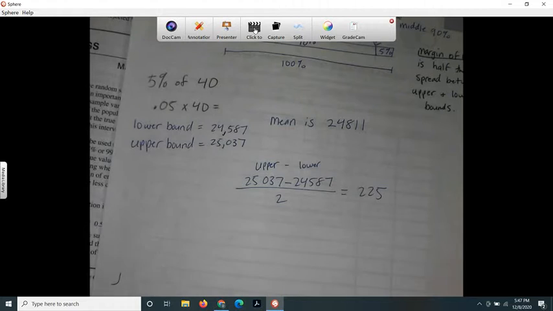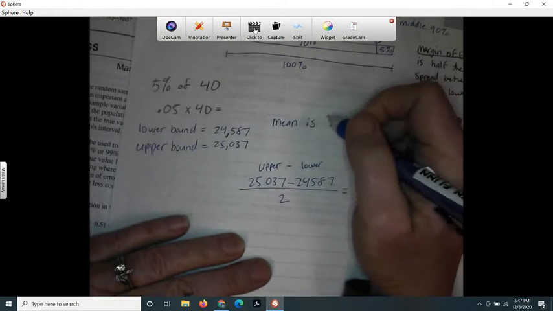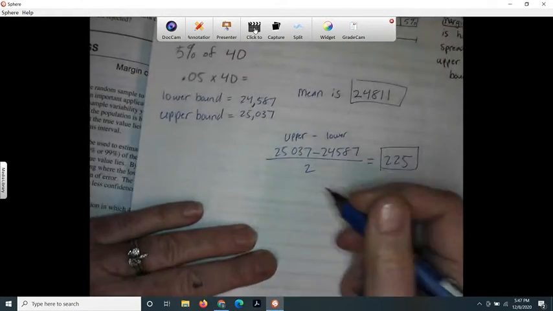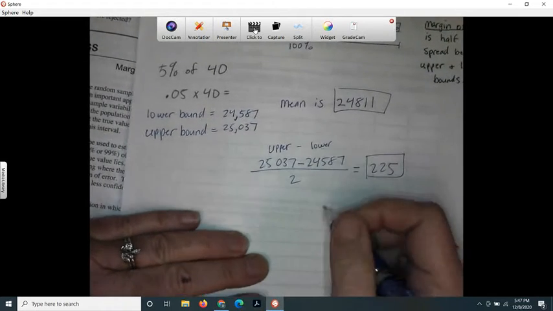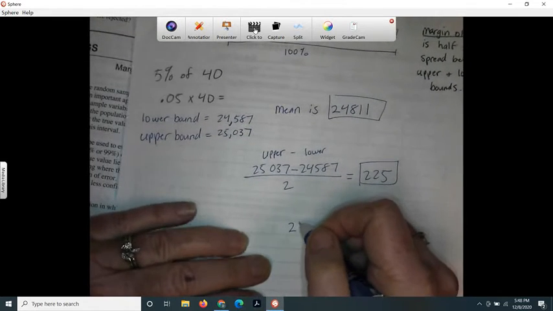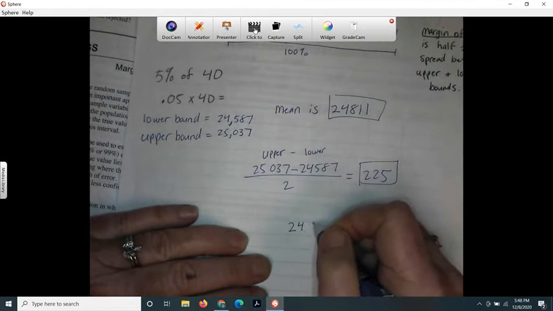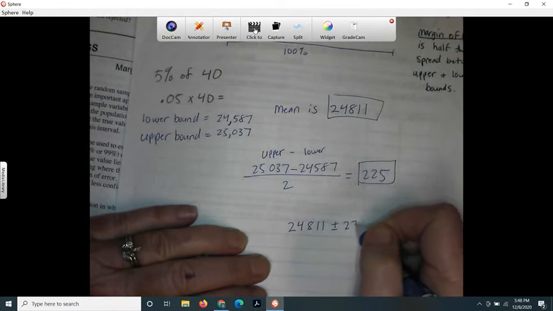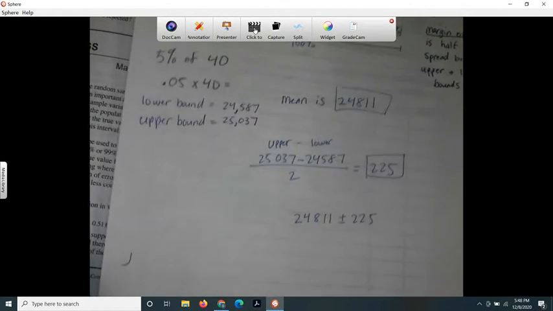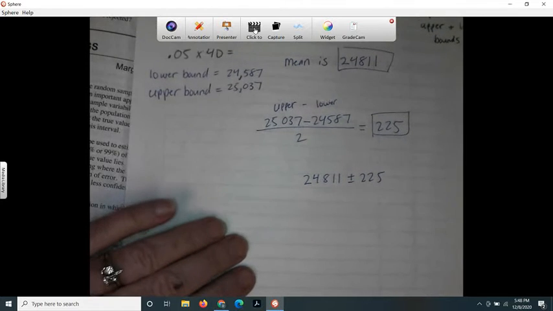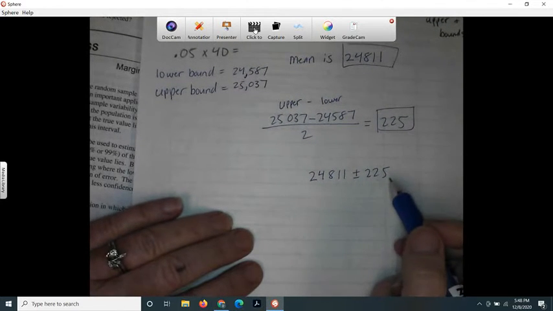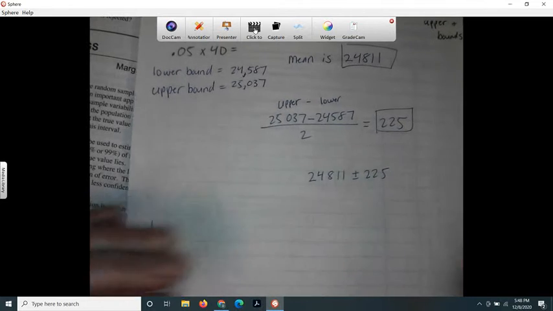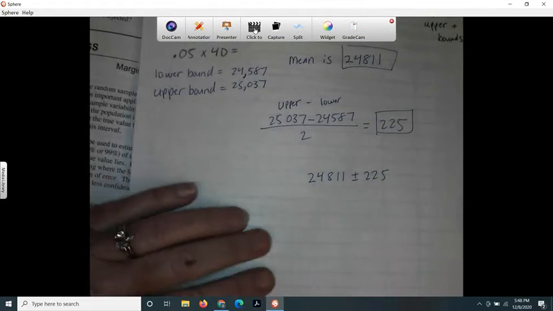So now that I have a mean and I have a margin of error, I can say that this data that I have, it's 24811 plus or minus the margin of error. So in my confidence interval, I can add 225 to my number and also subtract 225 to my number to get a nice interval, a confidence interval.